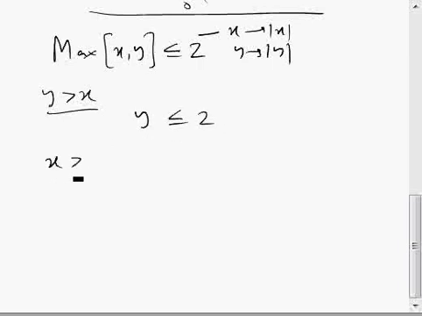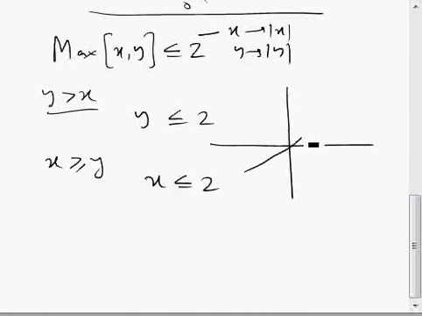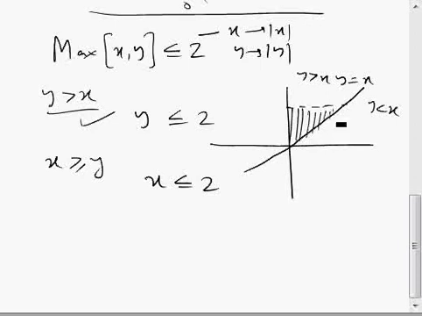This is the y equals x line; above this is y greater than x, and this region is y less than x. In y greater than x, we have to follow y less than or equal to 2, in the first quadrant, this. Then this is the x equals 2 line, right? When y is less than x, we have to take x less than or equal to 2 in the first quadrant, that is this, right?